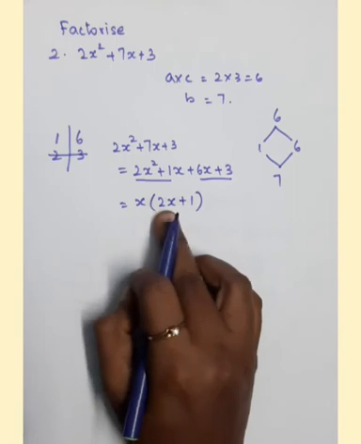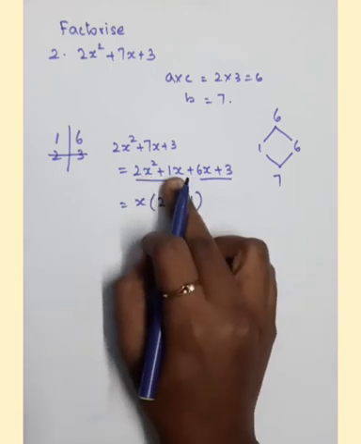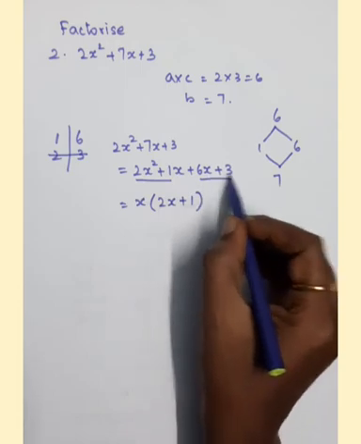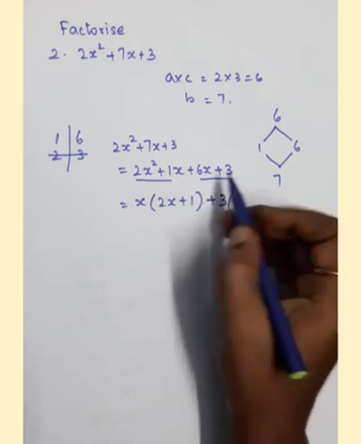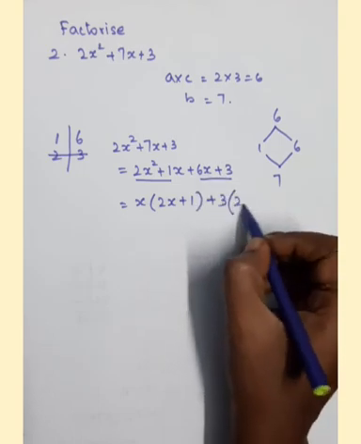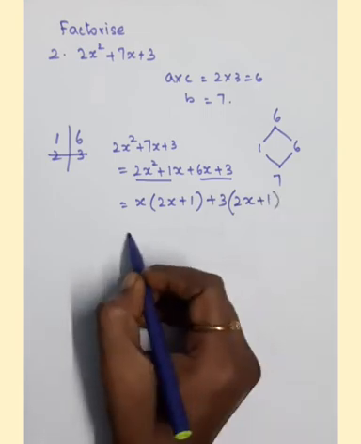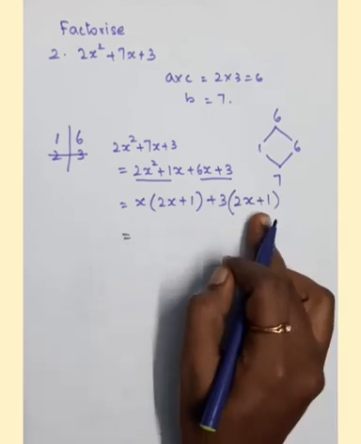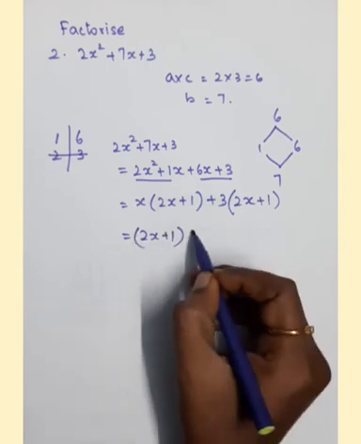If you multiply x into 2x, you will get 2x squared. X into 1 is 1x. In these two terms, you have 3 as common. So 3 into 2x will give you 6x. 3 into 1 will give you 3. Now in the two terms you have 2x plus 1 common, taking out.